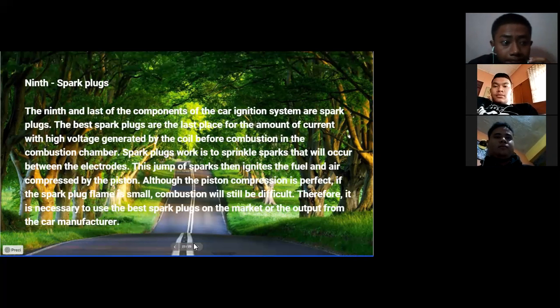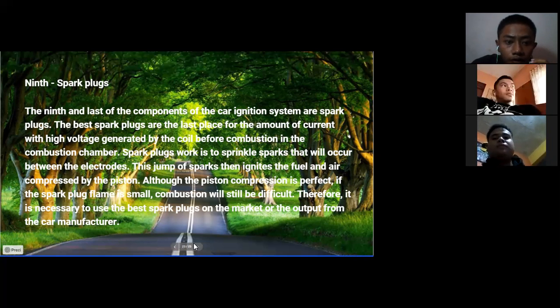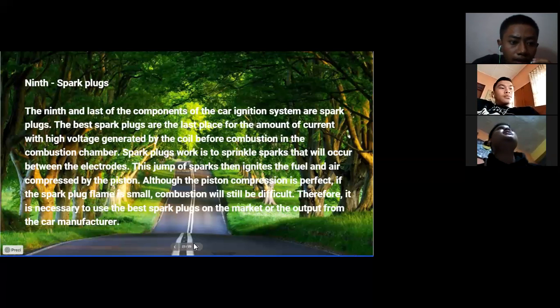Nine, spark plug. The ninth and last component of the car ignition system is the spark plug. The spark plug is the last place for the current with high voltage generated by the coil before combustion in the combustion chamber. The spark plug's work is to produce a spark that will occur between the electrodes.